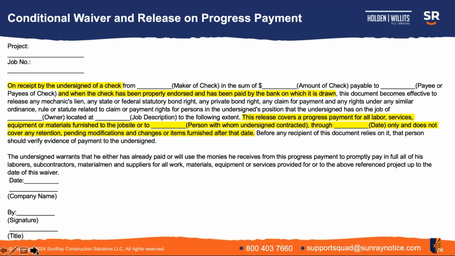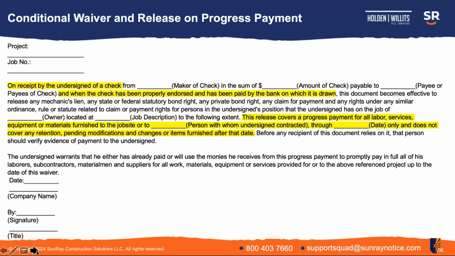The second highlighted section then says, and when the check has been properly endorsed and has been paid by the bank on which it is drawn, this document becomes effective to release any mechanics lien, any state or federal statutory bond right, any private bond right, any claim for payment, and any rights under a similar ordinance, rule, or statute related to a claim or payment rights for a person in the undersigned's position, and then it specifies the job.